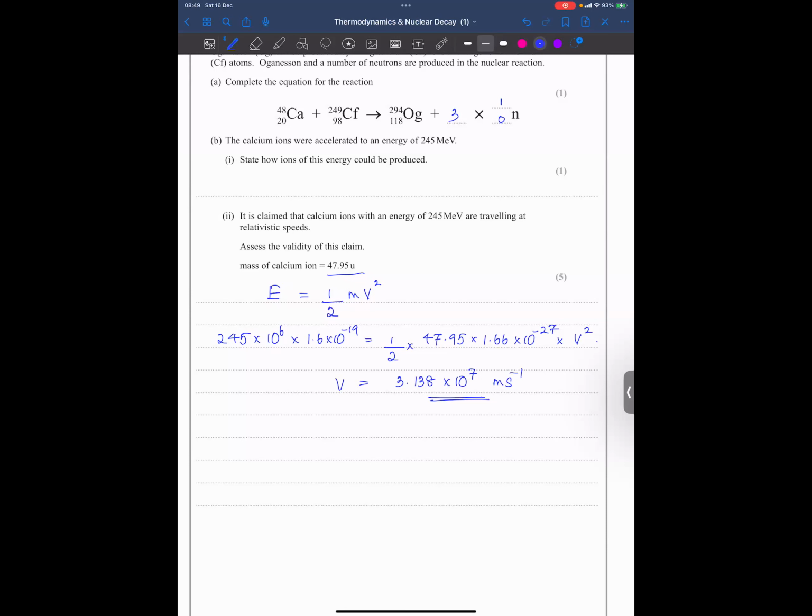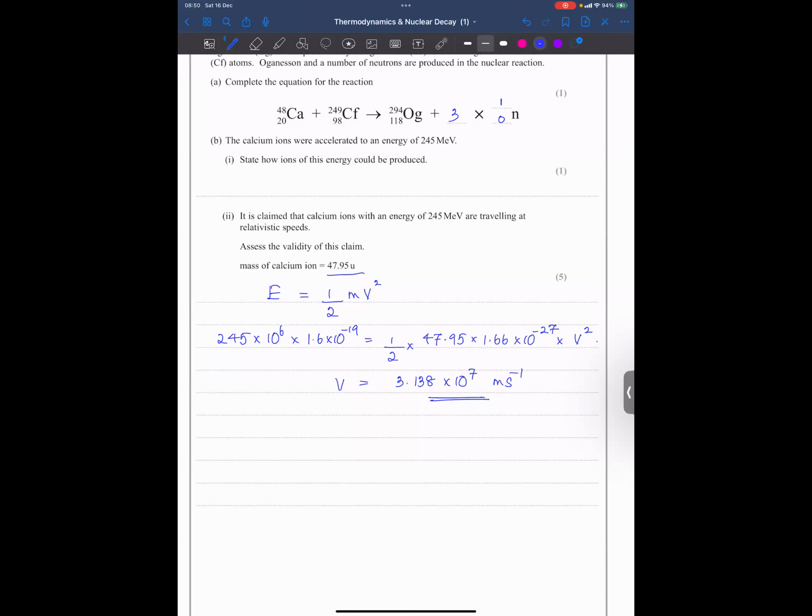Yeah, but anyway, after you get this working, for the statement you will get a mark. You can mention it is more than 10% of the speed of light. Just more than 10%, right?